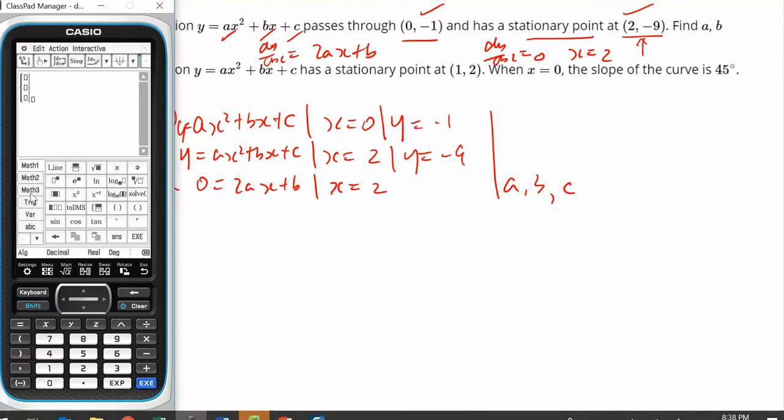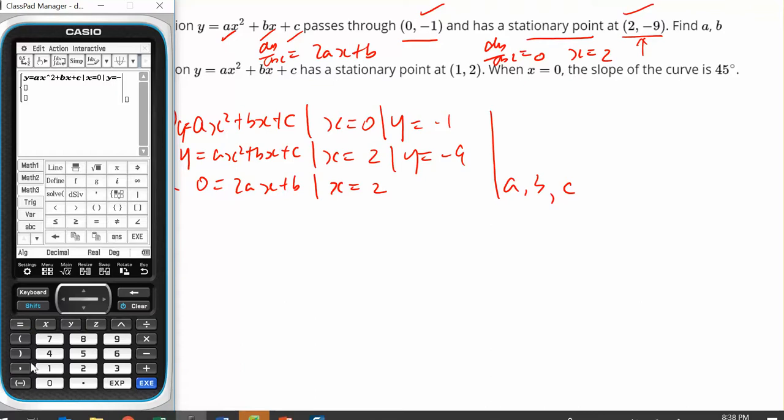So y equals, you use the VAR menu, y equals ax squared plus bx plus c. Then we're going to use the given tool, given x equals 0, y equals 1.